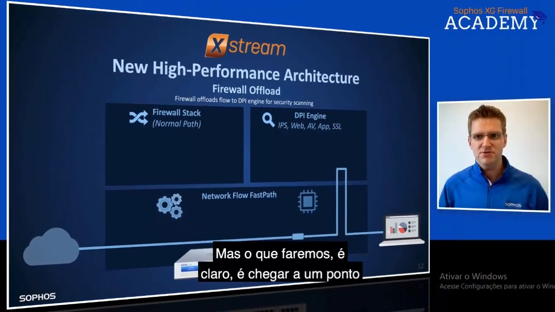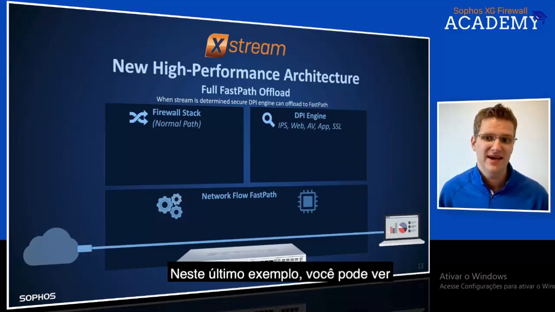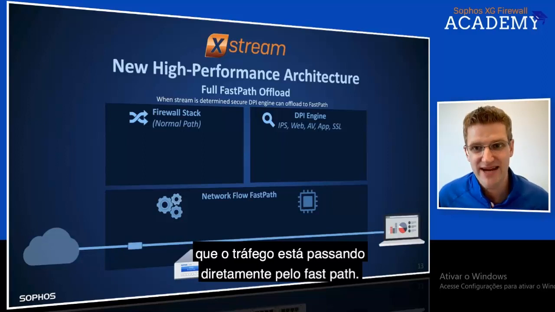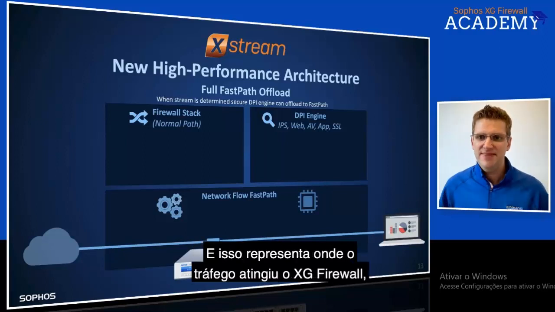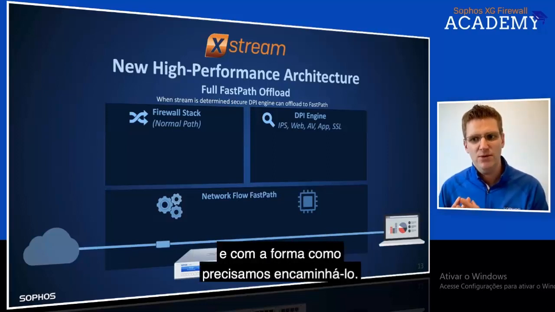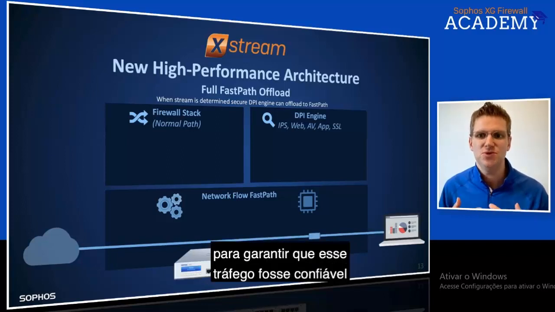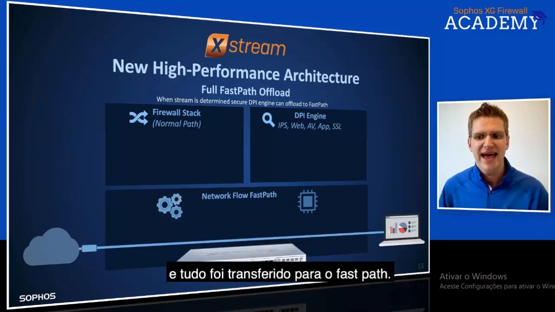But what we will do, of course, is get to a point where we're happy with what the traffic is. So in this last example here, you can see that traffic is passing directly through FastPath. And this represents where traffic has hit the XG firewall. We've trusted it, we're happy with where it's coming from and how we need to route it. The DPI engine has done what it needs to do to ensure that this is trusted traffic, and everything has been offloaded to FastPath.